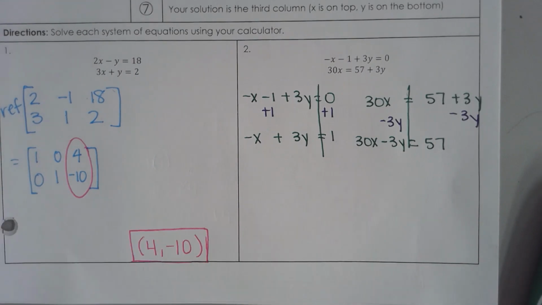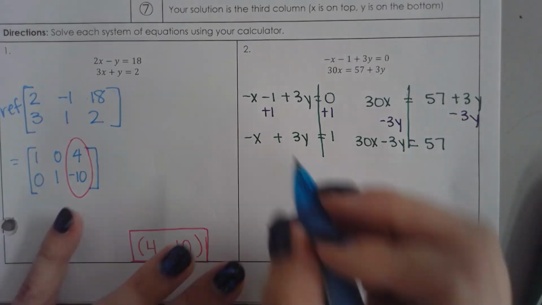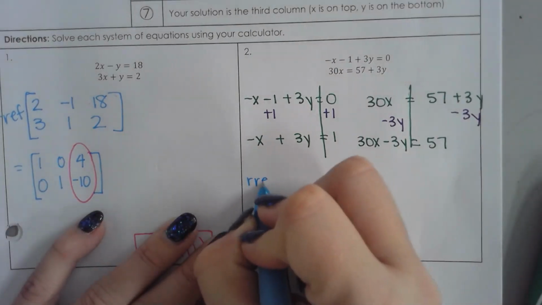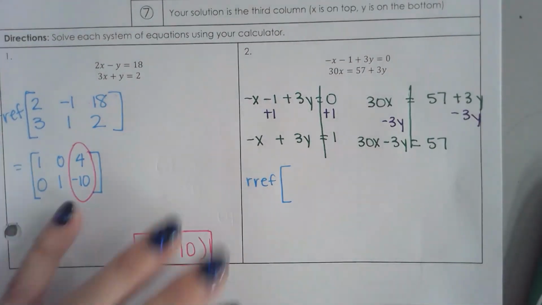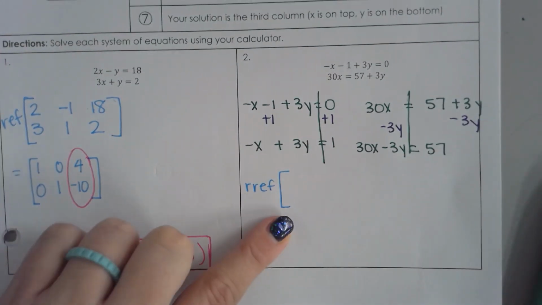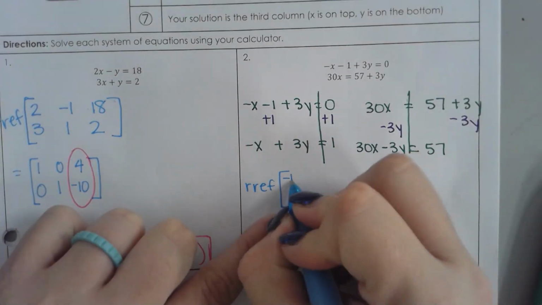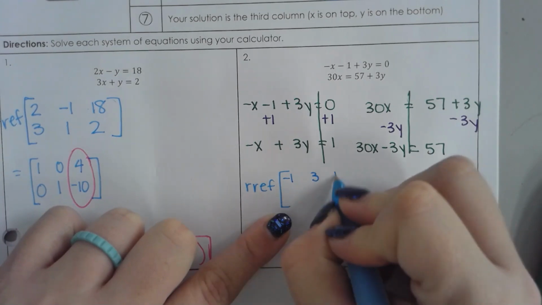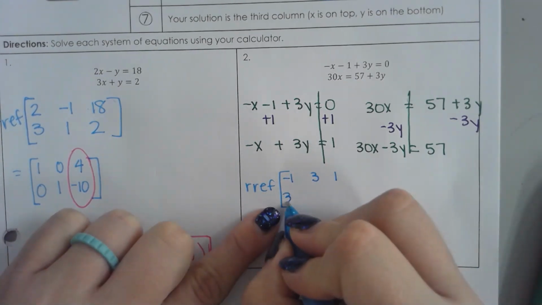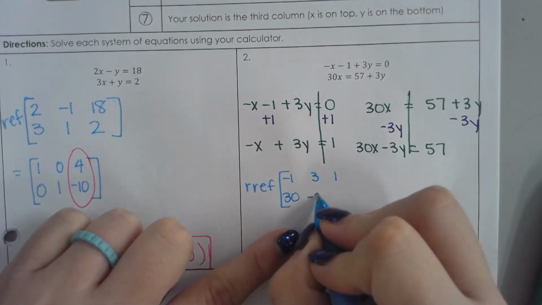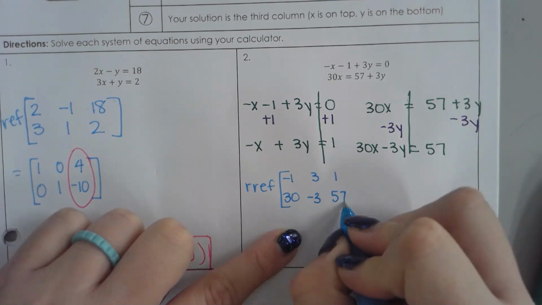It really does not matter which equation you put on top and which equation you put on bottom in your matrix. So I'm going to do RREF to the matrix negative 1, 3, 1, 30, negative 3, 57.